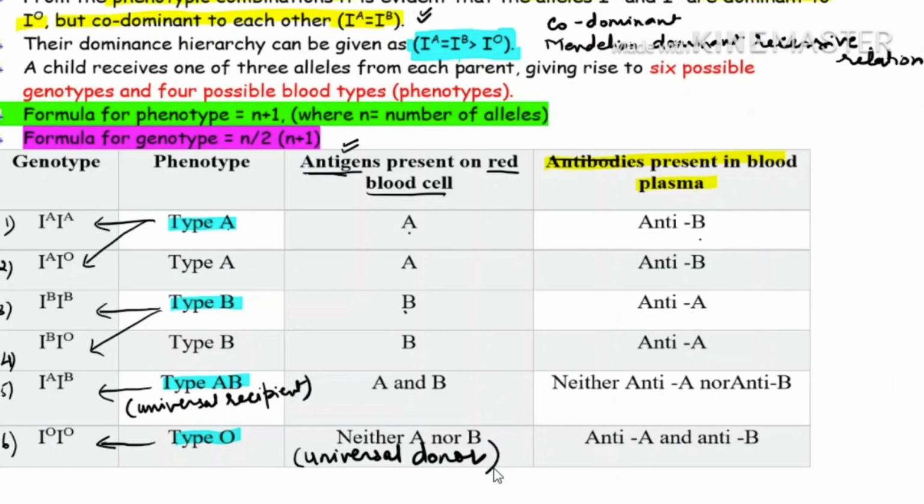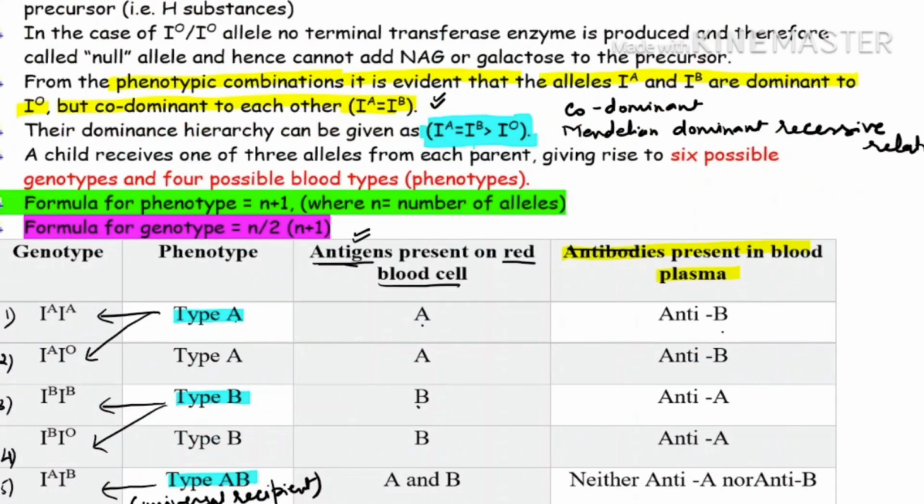So ABO blood group has 4 phenotypes and 6 genotypes. Here I have mentioned the formulas. The phenotype formula is n plus 1, means whatever number of alleles is given, plus 1, you will get phenotypes. For example, in case of blood group, the number of alleles is 3, so phenotypes are 3 plus 1, 4 phenotypes, which we have already seen.